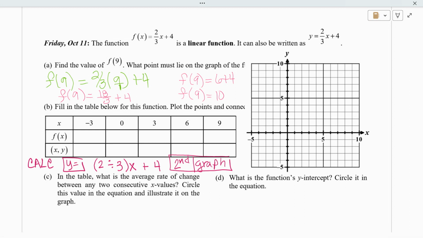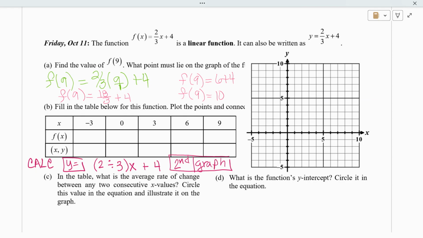So, does anybody notice anything weird about the x values that are given to us? The x's on the table. What kind of numbers? Those aren't all positive. I'm talking about right here. You guys see these x values?